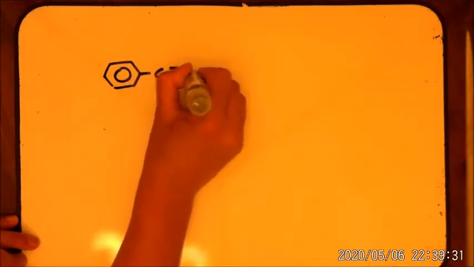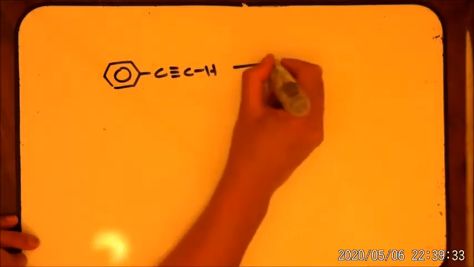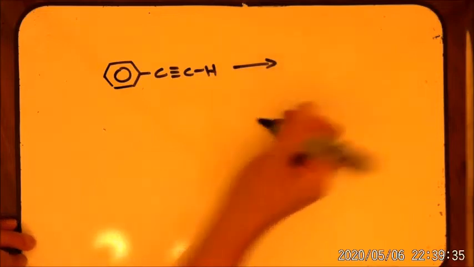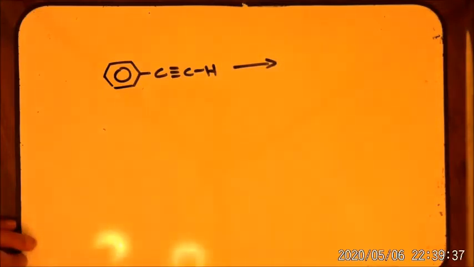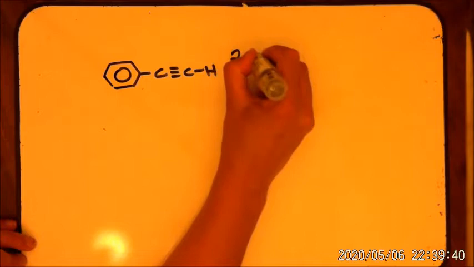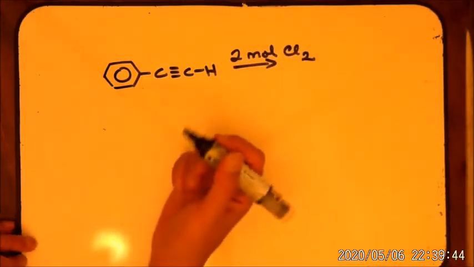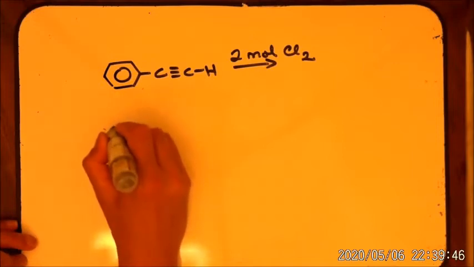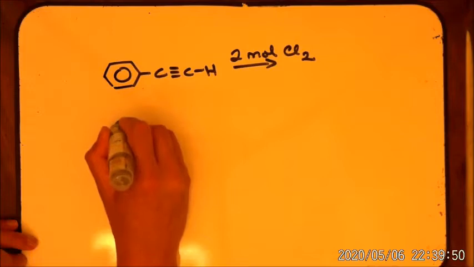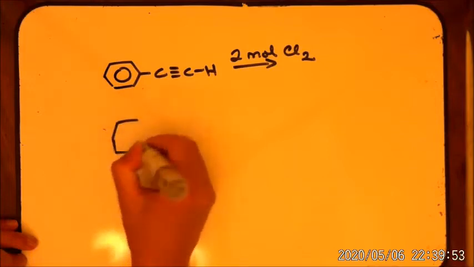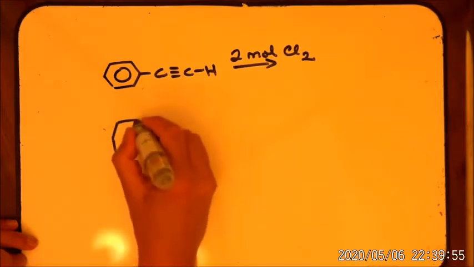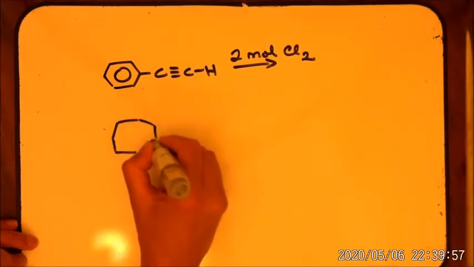If we take phenyl acetylene and I react it with 2 moles of chlorine, okay, and then let's say we'll take cyclooctane, 1, 2, 3, 4, 5, 6, 7.